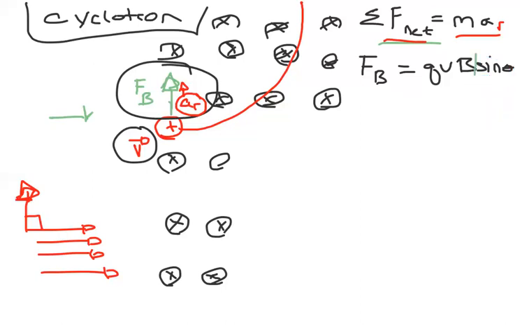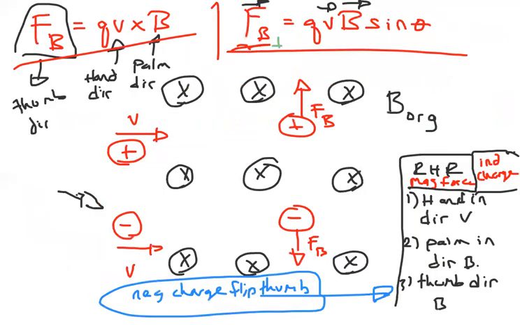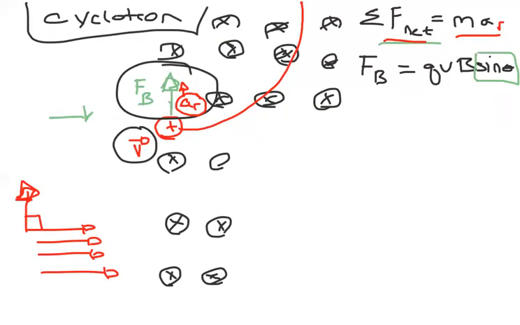So what is sine theta here? This works no different than before; cross products and dot products work the same. This is always the angle between V and B. Beautiful. And so sine 90 is 1, so it essentially just drops off.